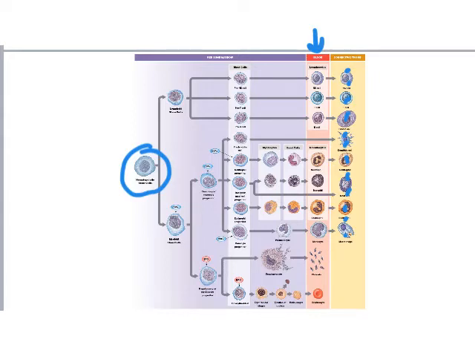And so we're going to kind of follow the development of these blood cells from that multipotent stem cell all the way down each line to see how we get our white blood cells, our red blood cells, our platelets. All right, so I'm going to kind of show some blown up pictures of this chart, and we'll go through piece by piece.